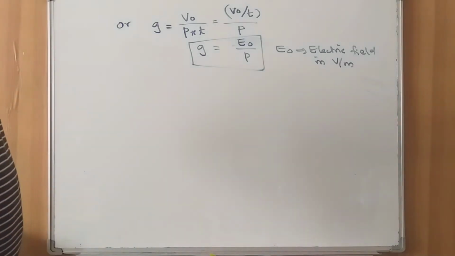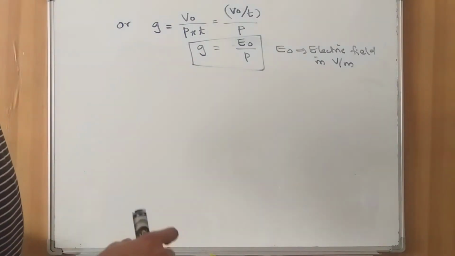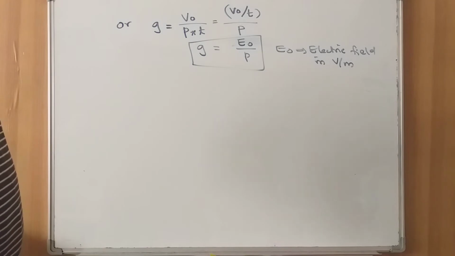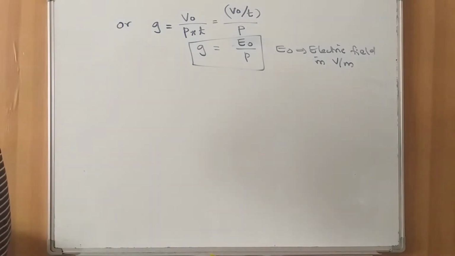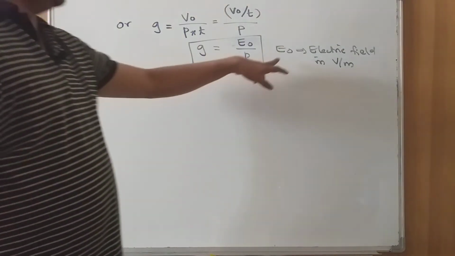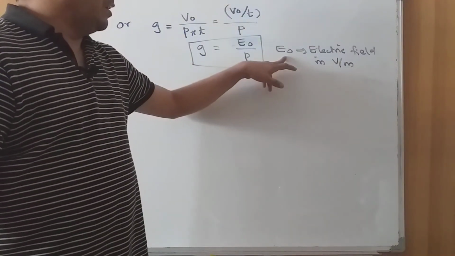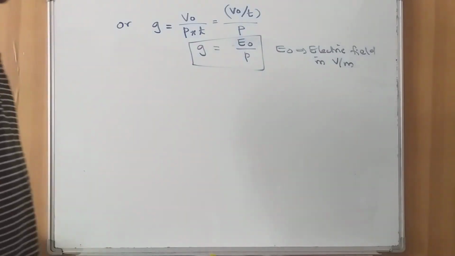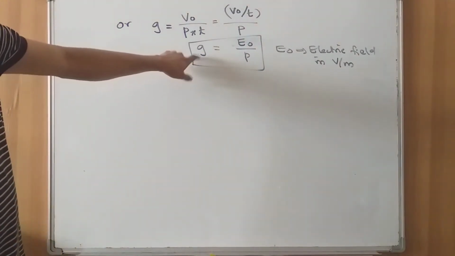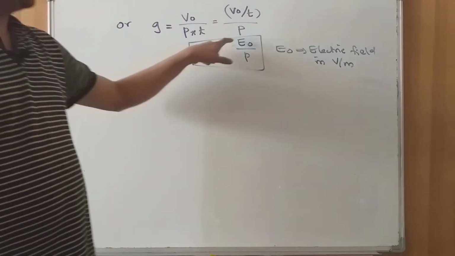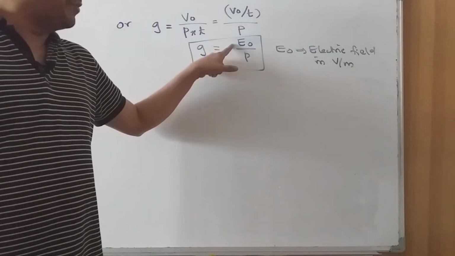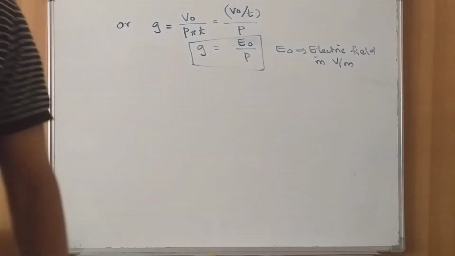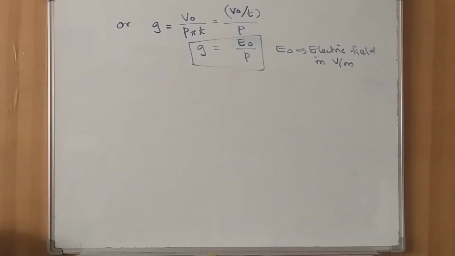In this particular case, there are two plates across which we apply a voltage. When we apply a voltage across two plates, an electric field exists, and that electric field is calculated by the equation V0 divided by T, where T is the thickness. So, this will give a relation for G is equal to what? E0 divided by P, where E0 is the electric field in volt per meter, and P is the pressure or the stress that we applied.